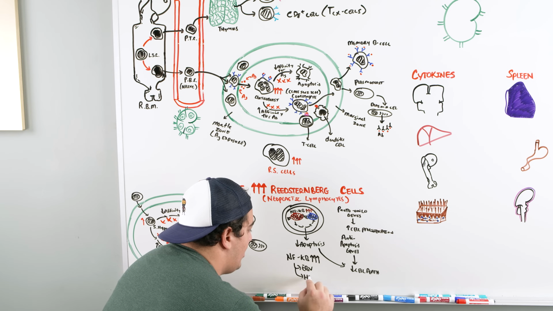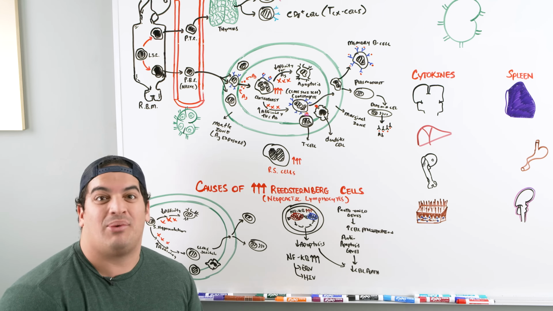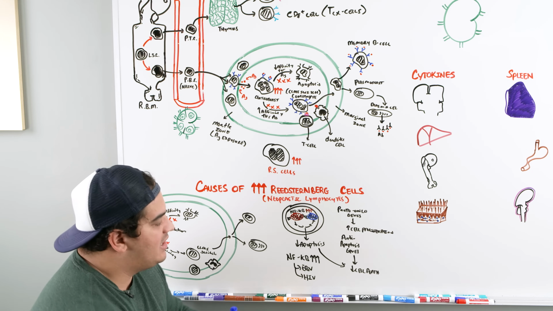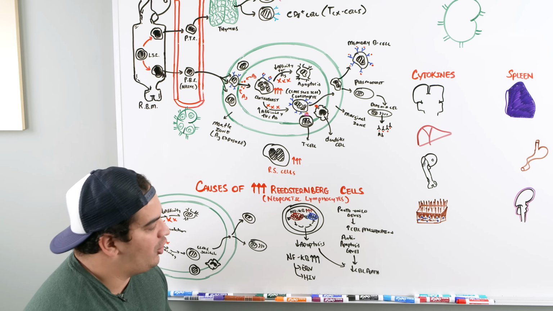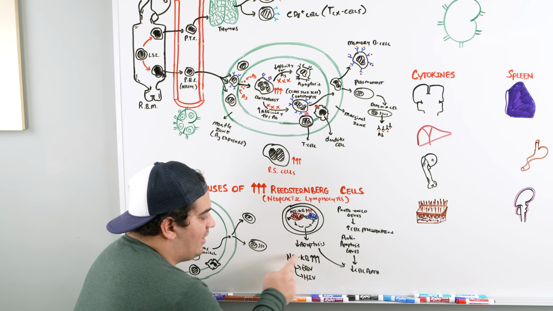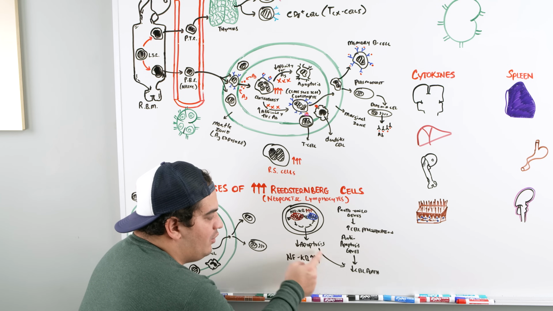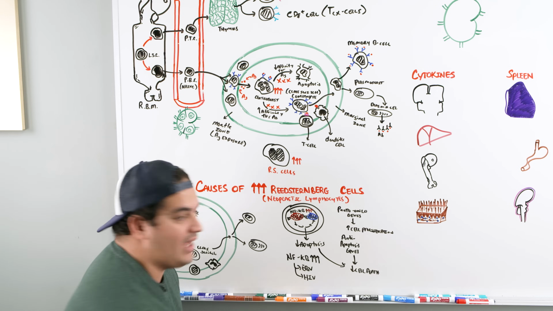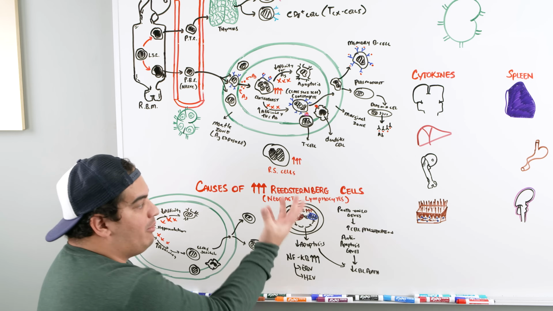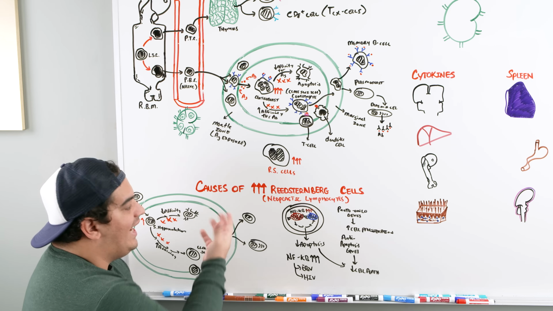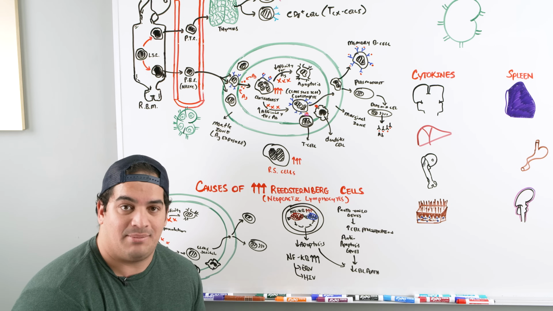And it may be secondary to things like HIV or immunosuppressed states. But again, the mechanism exactly of how it does that, we're not sure. But what we do know is that the nuclear factor kappa beta will decrease apoptosis. And if you decrease apoptosis, you decrease cell death. And so that causes these Reed-Sternberg cells to continue to accumulate in the actual lymph nodes and cause disease processes.